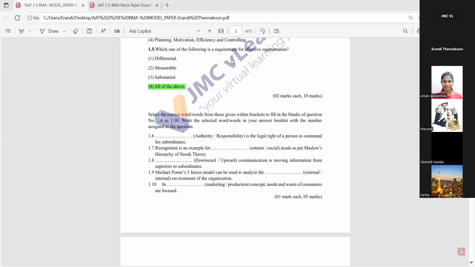It's authority. Yes, Kenure, authority means legal right. A person can give orders, and responsibility is the obligation a person has. Fariha, yes, authority. Mushfika, authority is the answer for 1.6.